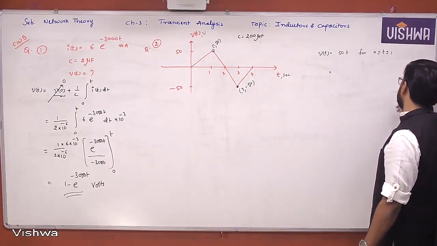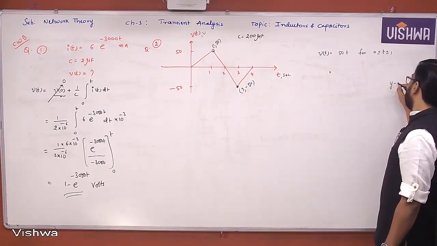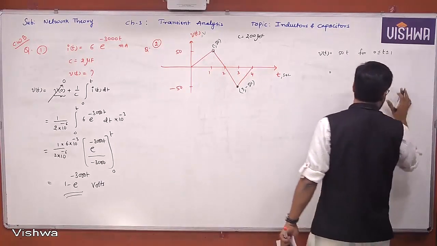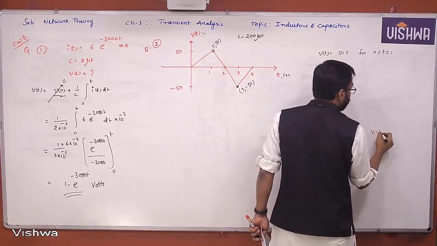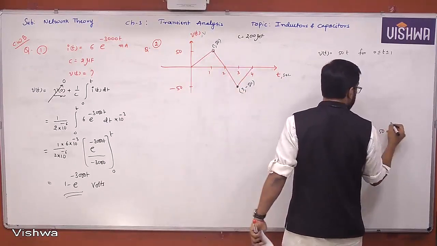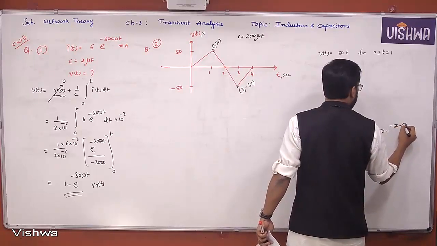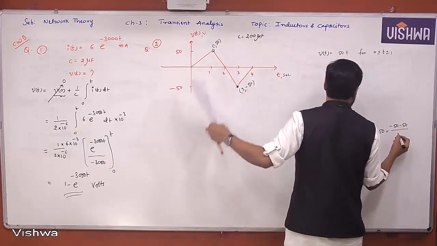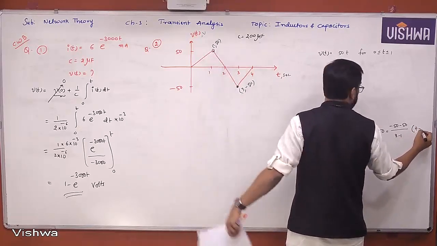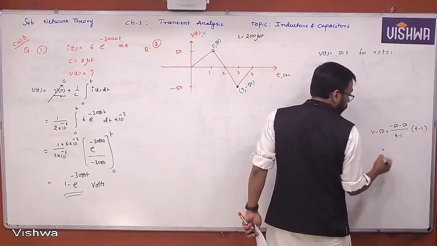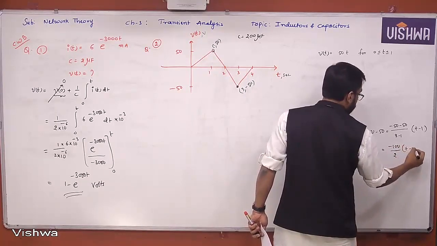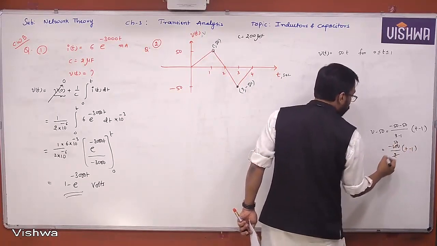So y minus y1, that is v minus 50, I'm just doing the rough work here. v minus 50 is equal to m, and m is nothing but minus 50 by 3 minus 1, times t minus 1. What is this? Minus 100 by 2 times t minus 1.